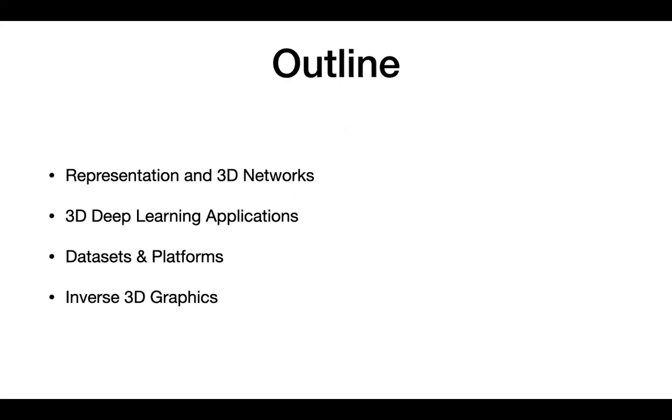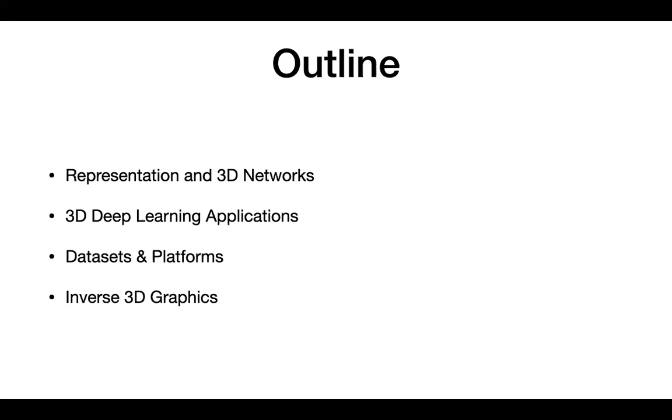So basically, we are going to start discussing representation and neural networks for 3D data. And then we are going to discuss 3D deep learning applications, so what we can do with these representations and these 3D neural networks. And then we are going to discuss two complementary aspects that are dual to each other. One is that we need to train these networks for the context of each application, and for that we need datasets and different training platforms.